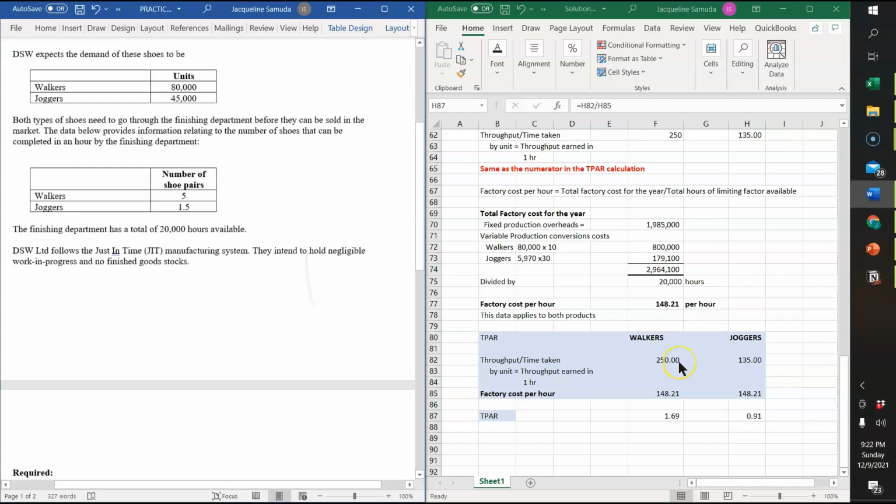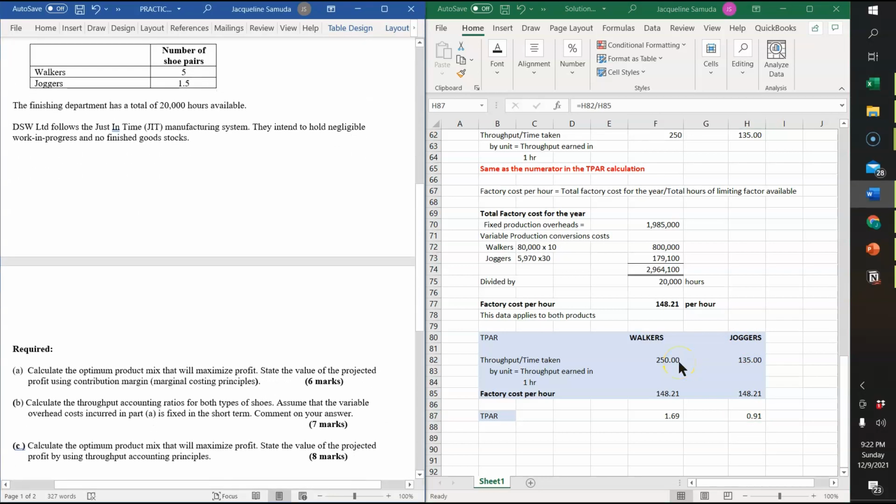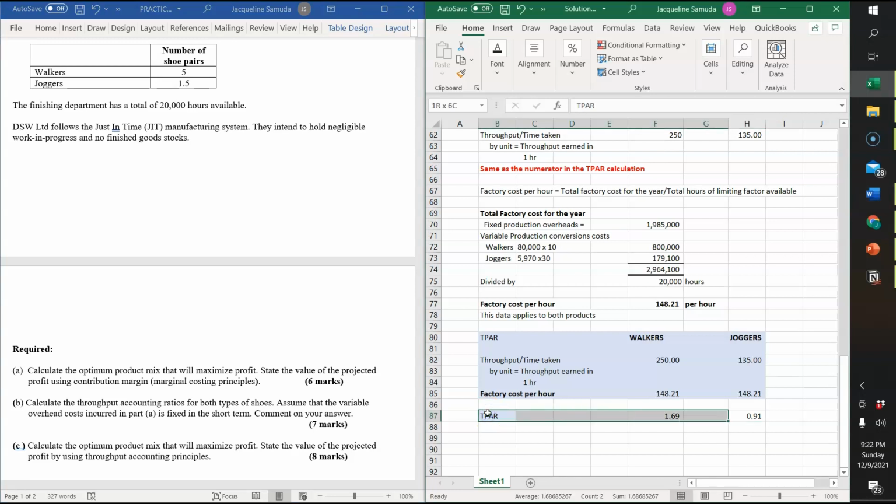Okay? Now let's go to question B again. Let's revisit question B. It says calculate the throughput accounting ratio for both types of shoes. And here it is. So it says comment on your answer. And the comment is what I just said. That walkers have a higher TPAR than joggers.